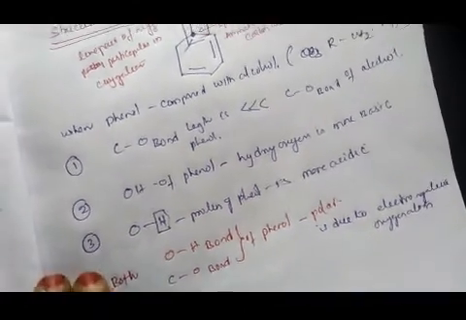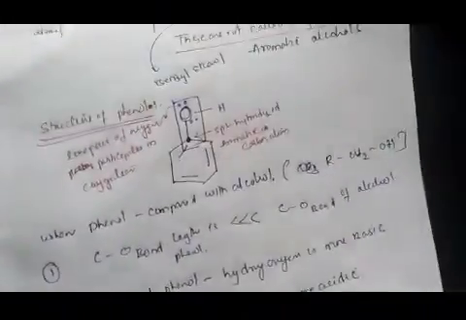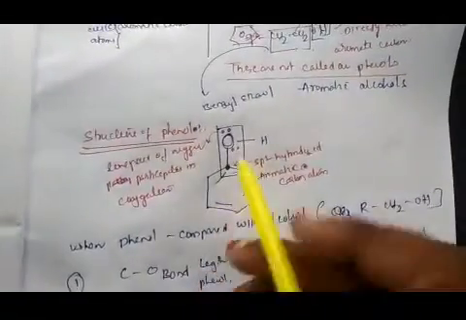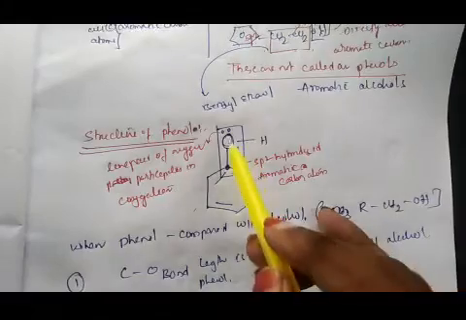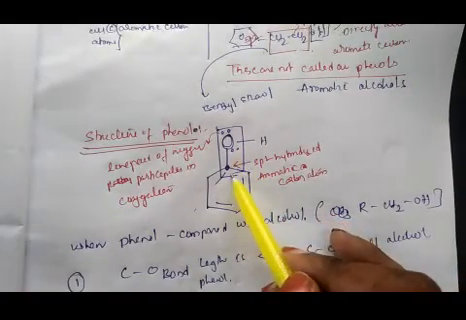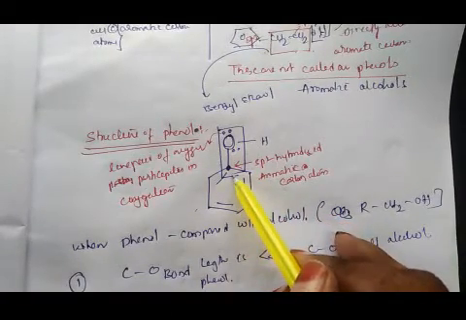So when coming to the structure, we have a benzene system here, and the OH is directly attached to an sp2 hybridized aromatic carbon atom.